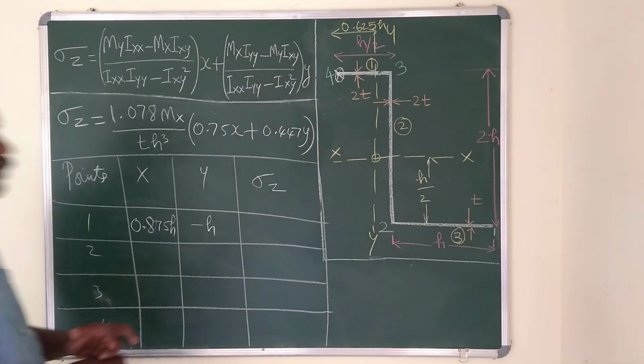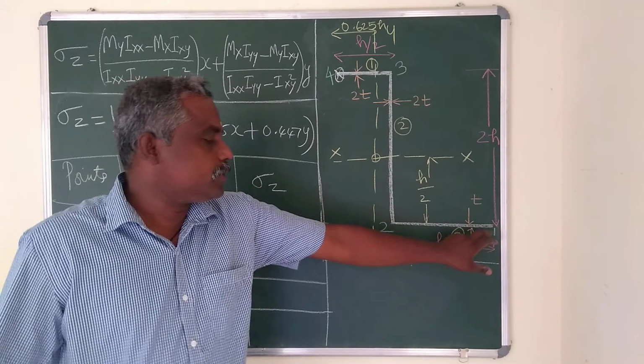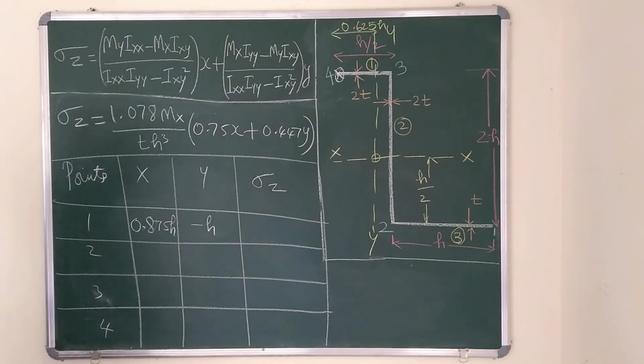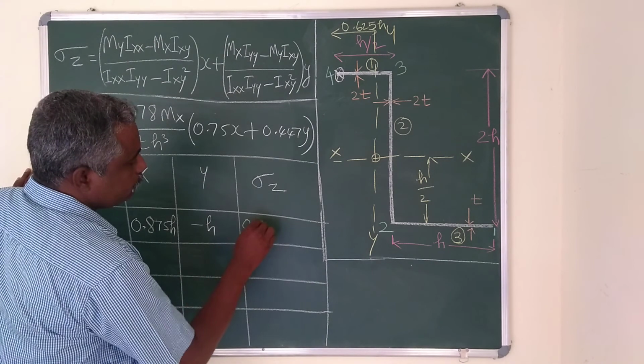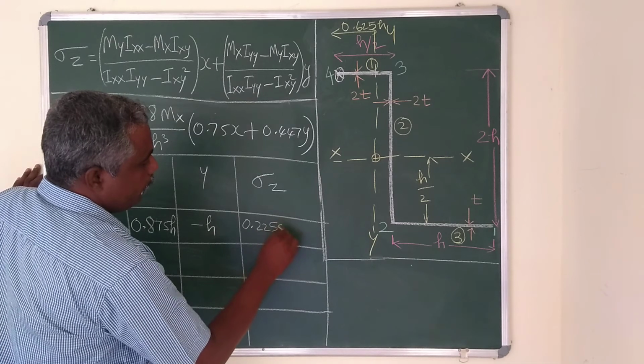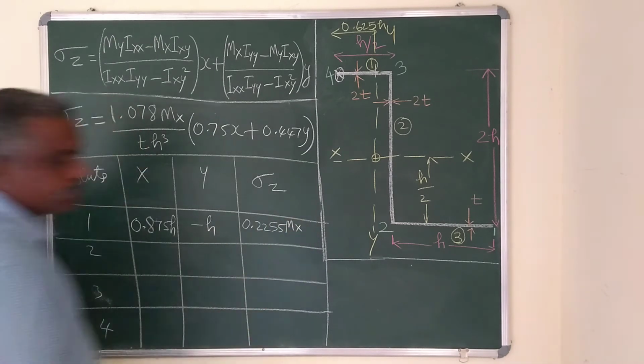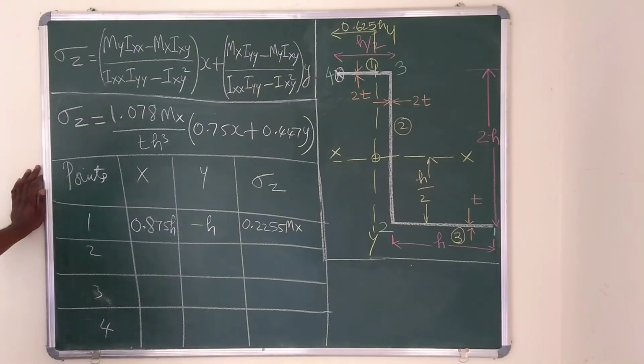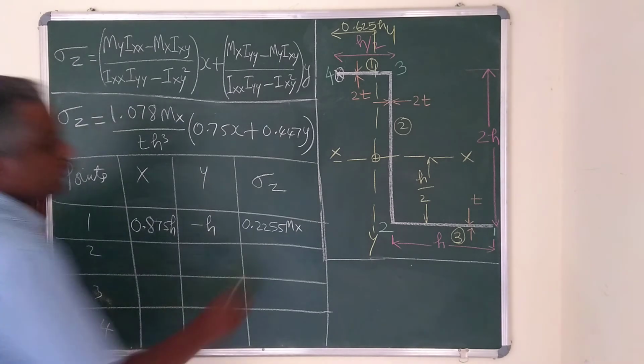Obviously, this is in the fourth quadrant, where x is positive and y is negative. If you substitute x equal to 0.875h and y equal to minus h, you get 0.2255 Mx divided by th square.